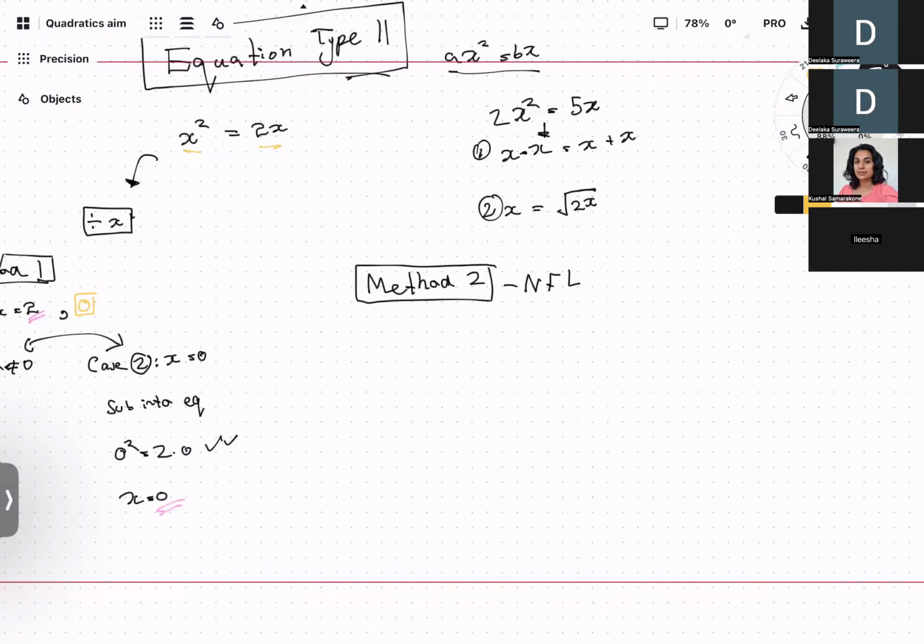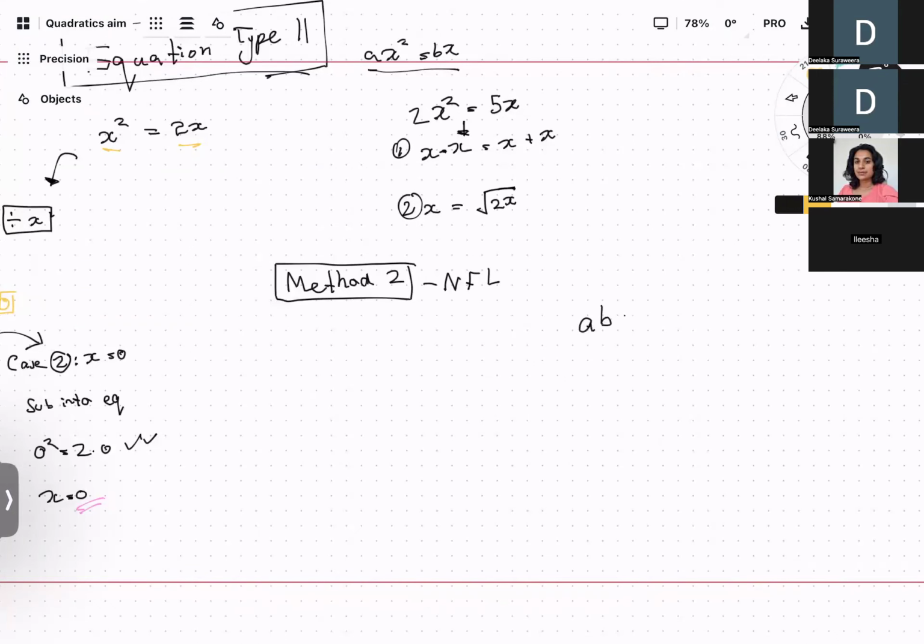And if I gave you this equation, AB equals 0, now ask yourself for A and B, what are some possible solutions?